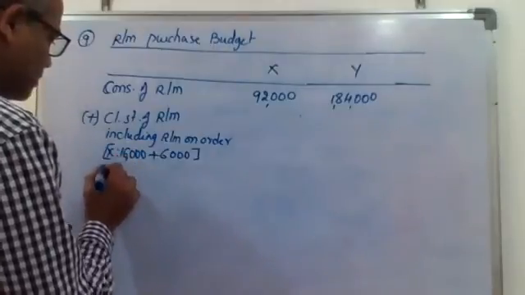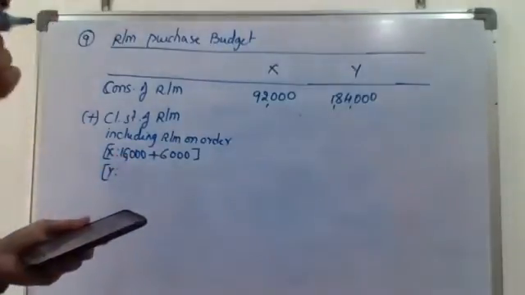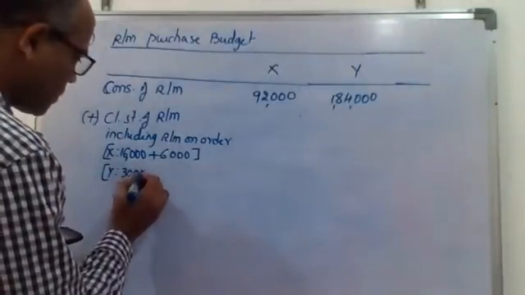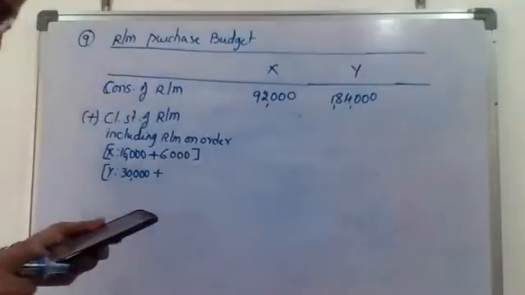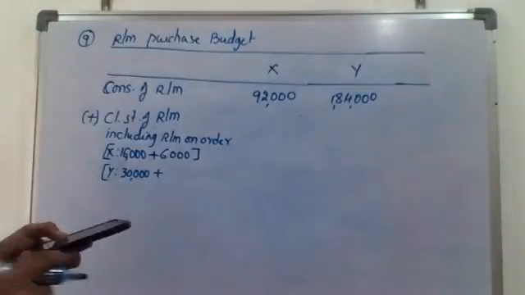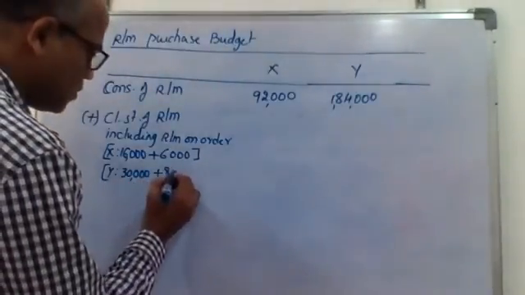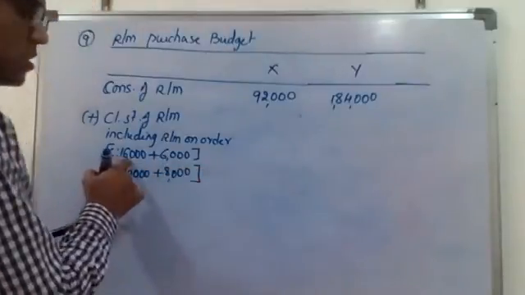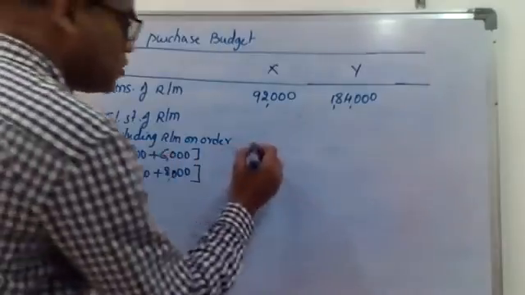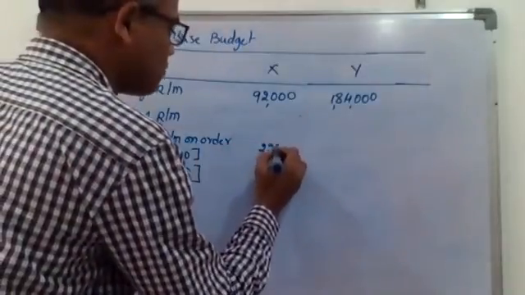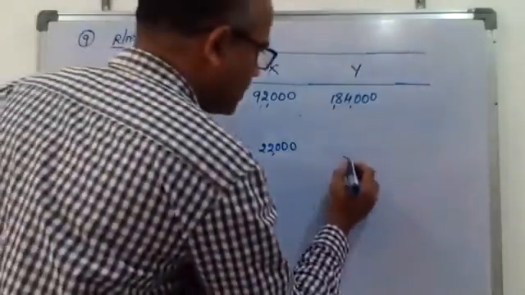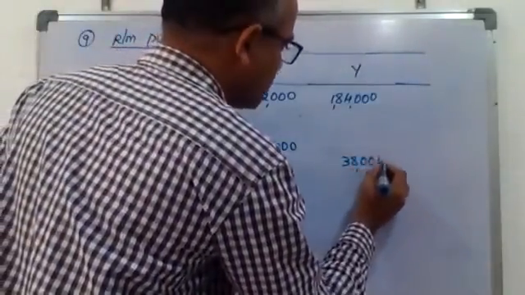And for Y, the estimated closing balance is 30,000 units, plus on order 8,000, which is 38,000 units of raw material.